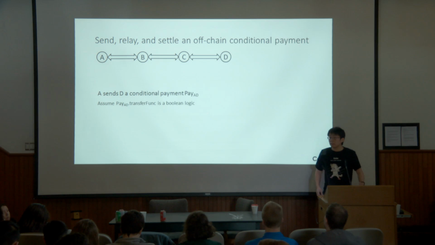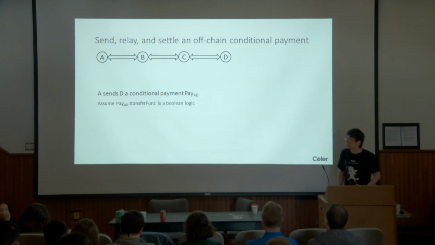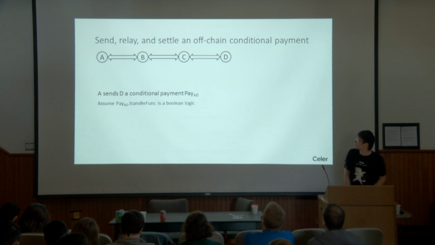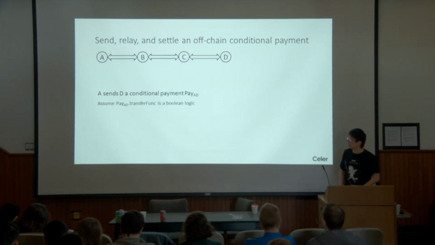Okay, so with all the constructs I previously described, I'll now go over our off-chain protocol of how to send, relay and settle conditional payments. For example, here A wants to send D a conditional payment, pay AD. For now, we assume that the transfer is Boolean logic, which we think is the most common logic.